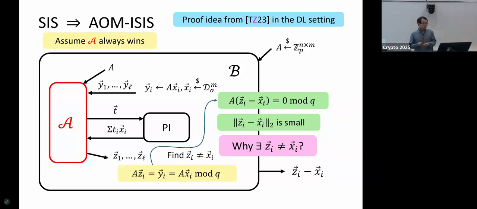The intuition here is that this holds because all the information that A received is not enough for A to recover all the x_i. In other words, the entropy of x remains high given all the challenges and all the PI responses.